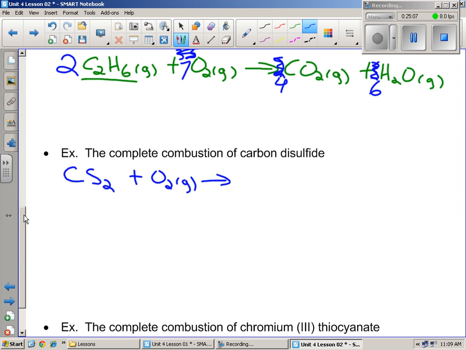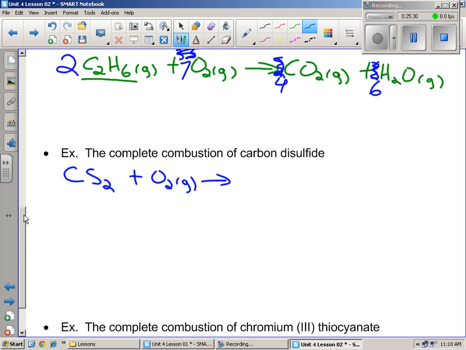What state is CS2? Well, hard to say. You can't look at that and say, hey, that's going to be a solid, or that's going to be a gas, or whatever. Okay, that's pretty tough. So if I don't tell you for molecular compounds, you can leave it blank, and that's why I've left this one the way it is.